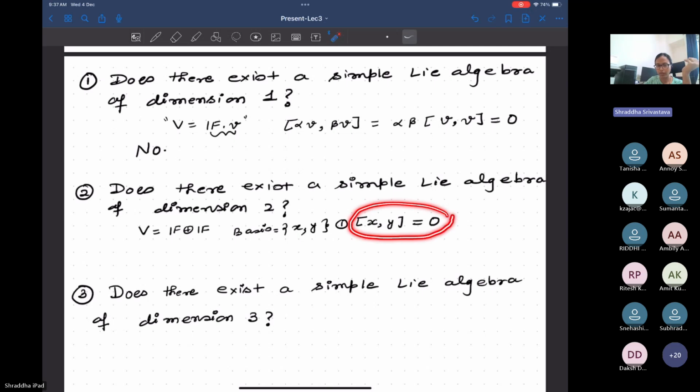Then the commutator on this entire two-dimensional vector space has to be identically 0, because the only possible non-zero commutators could be [x,y] and [y,x]. Then [x,y] is the same as minus [y,x]. So if this is 0, then every commutator has to be 0. So in that case, your V will again become abelian.